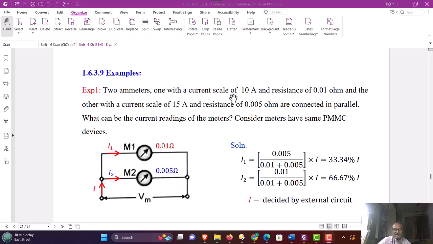The first meter is of 10 ampere scale and the second meter is of 15 ampere scale.